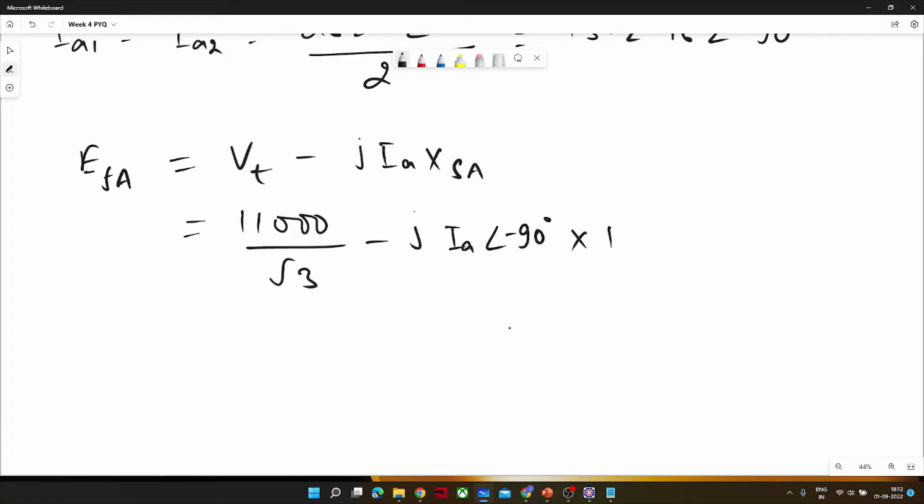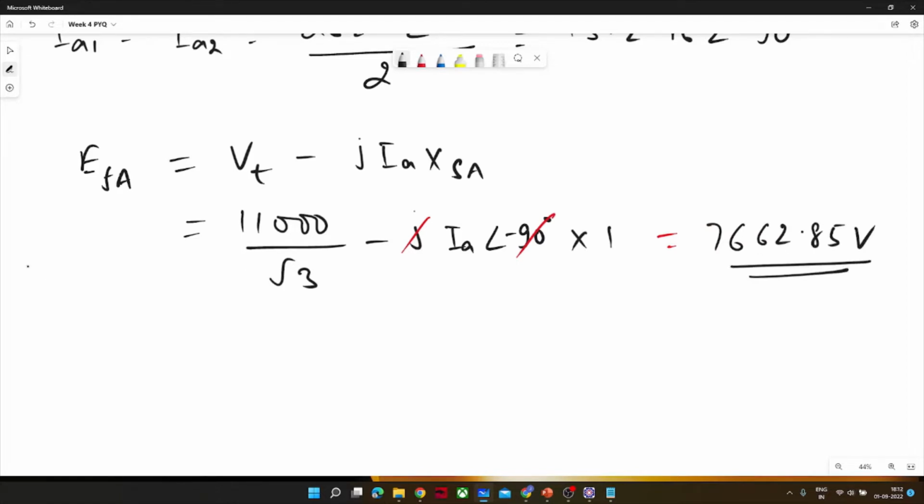So 1 ohm, right? This minus 90 and this plus 90 would cancel. So it would be arithmetic now, and its value would come out to be 7662.85 volt, right? This is EFA.